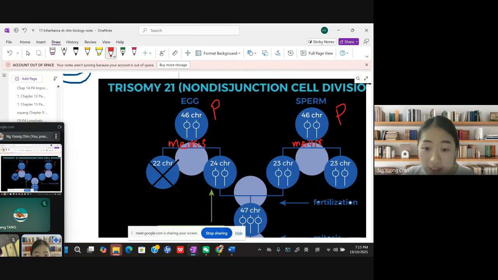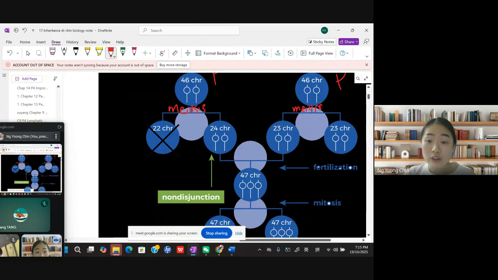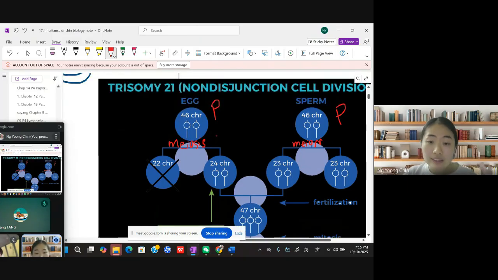So after the egg cell undergoes meiosis, it will become 23 chromosomes. But the problem is there is about one copy of chromosome that fails to undergo separation. So instead of becoming 23, they'll become 24. In the normal case, it becomes 23 for each.